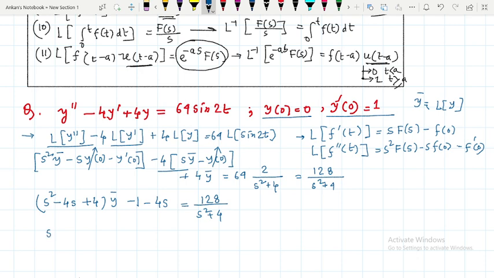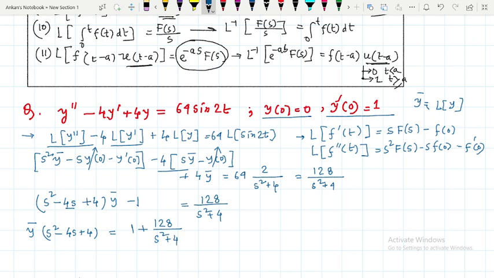So s square minus 4s plus 4 times y bar becomes, here one y bar. Oh, I have taken this one, no? So this will not be present here. Okay, so 1 plus 128 by s square plus 4.